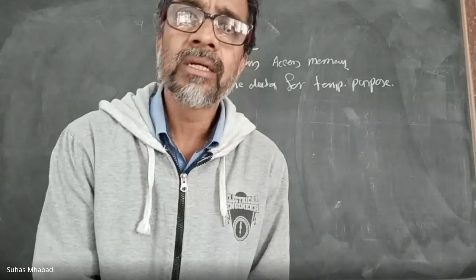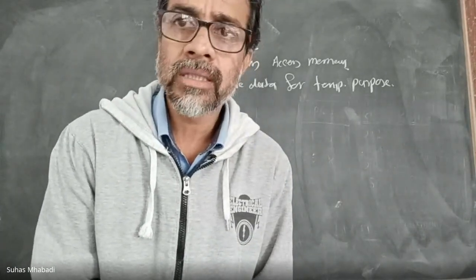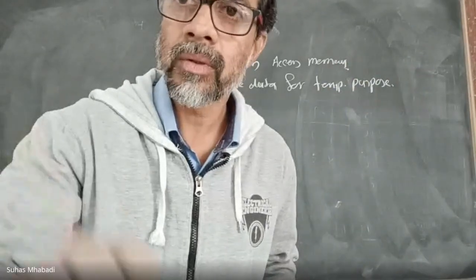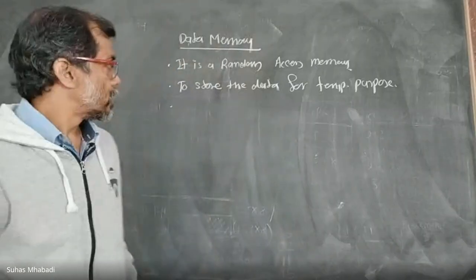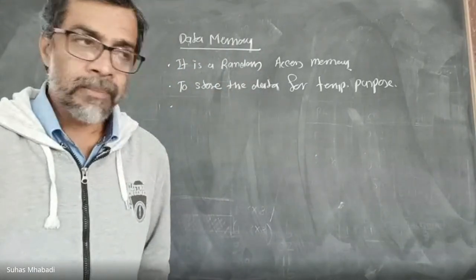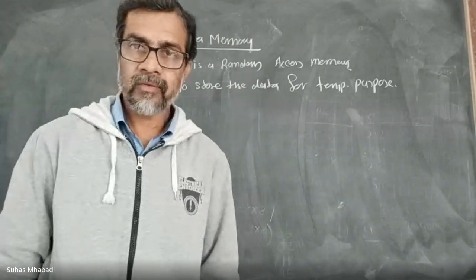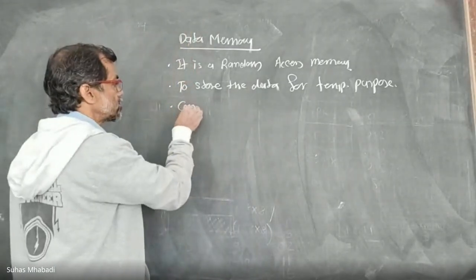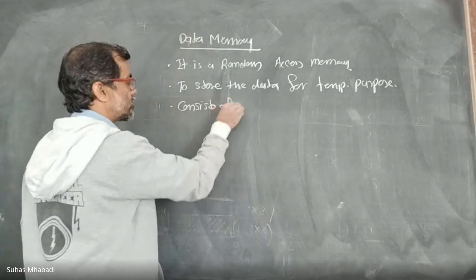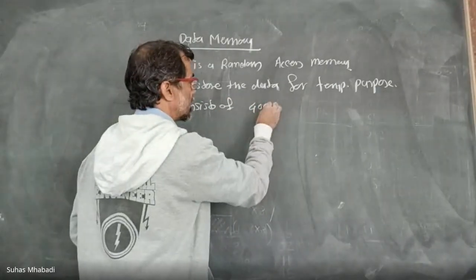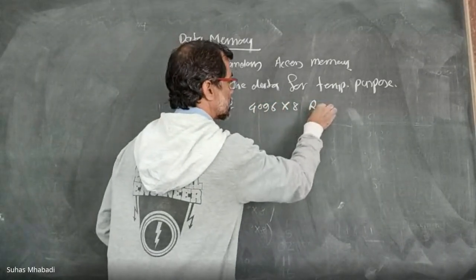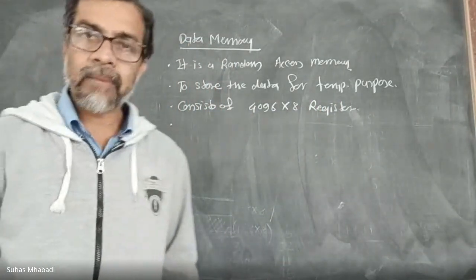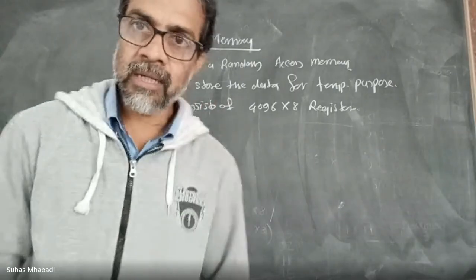To store data temporarily. Total size of memory is 4 kilo, to be exact, 4096. It consists of 4096 registers. The entire map is divided into 16 banks.